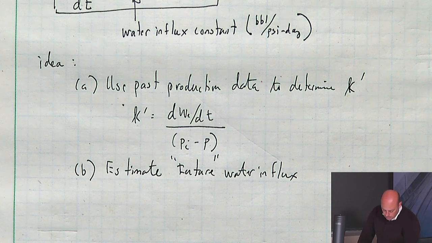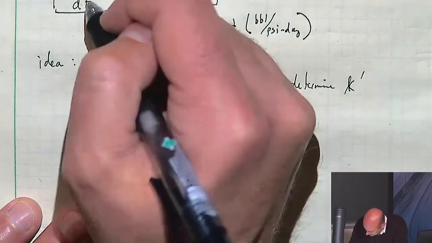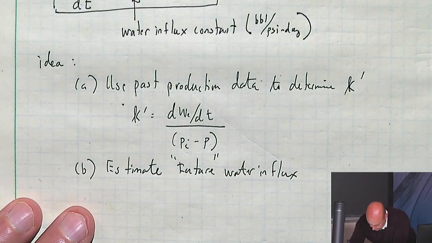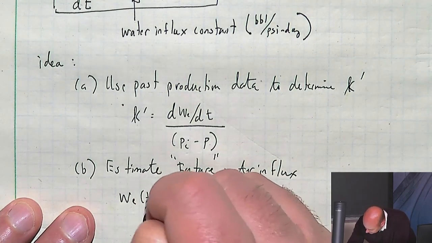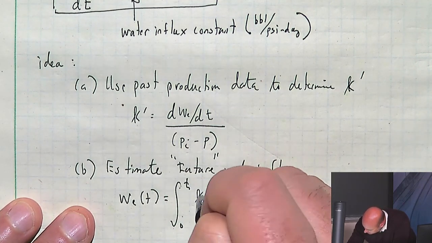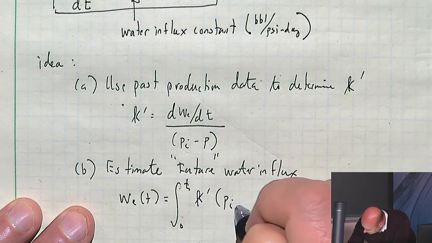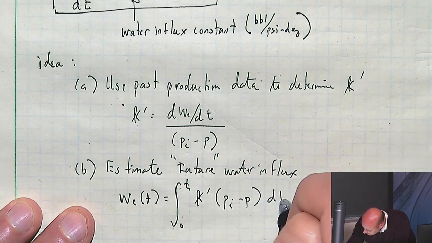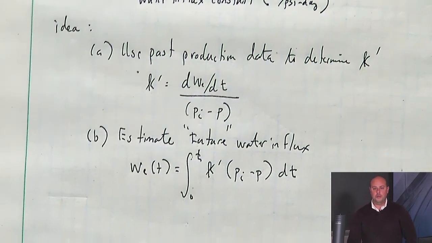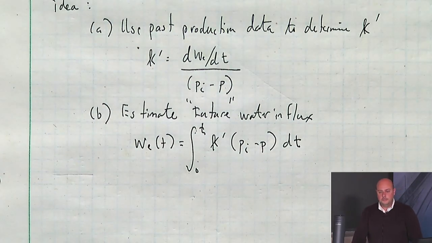Things like that. So again, using this equation, this is a derivative, so you can integrate it. So WE as a function of T is the integral from 0 to T of K prime times Pi minus P dt. And things like the reservoir pressure P will change with time.